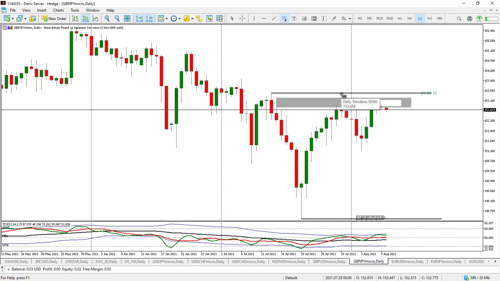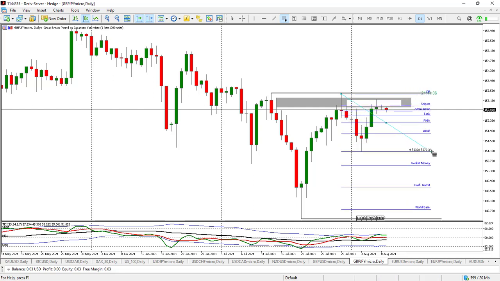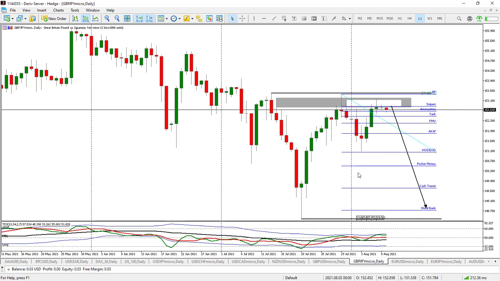The present high, it is this one, and then the low, it is this one. This is what I'm expecting, because the market is ranging within our sniper area. This is what I'm expecting from this pair.